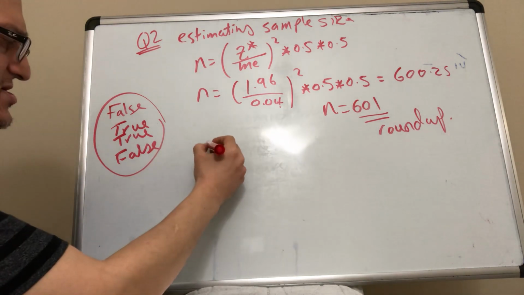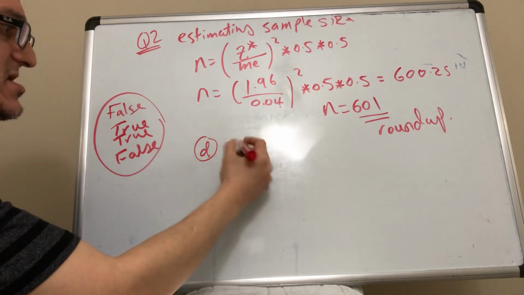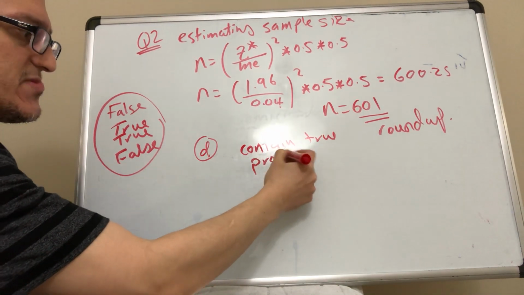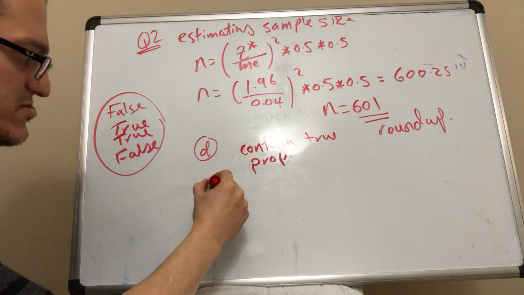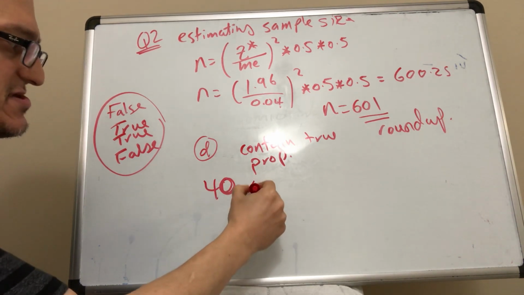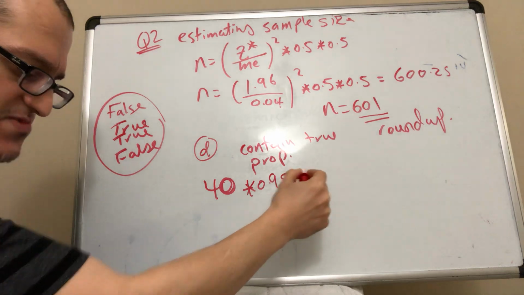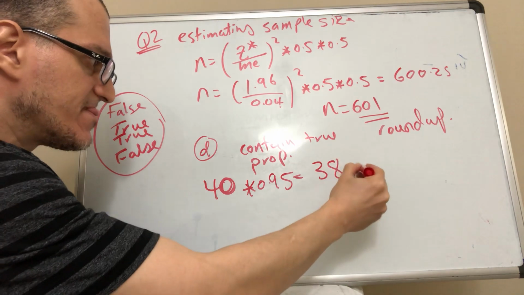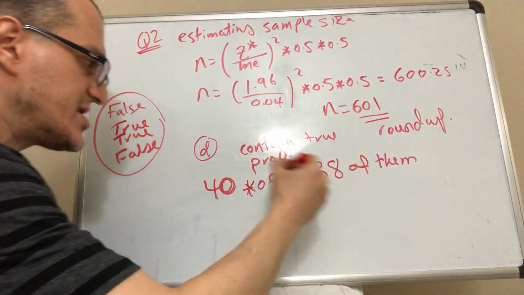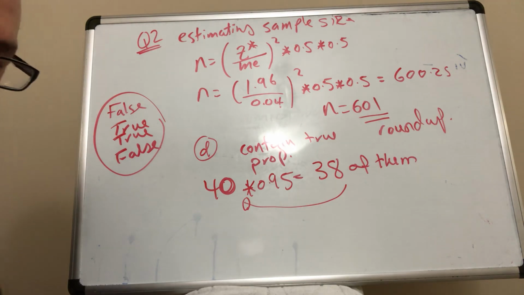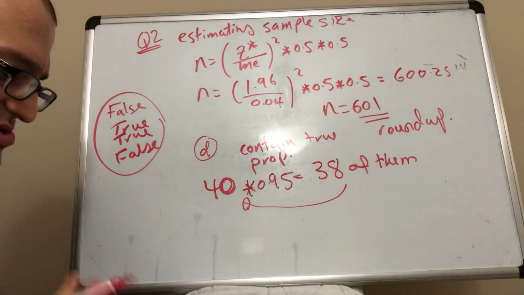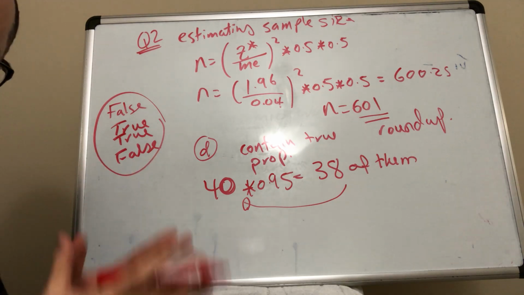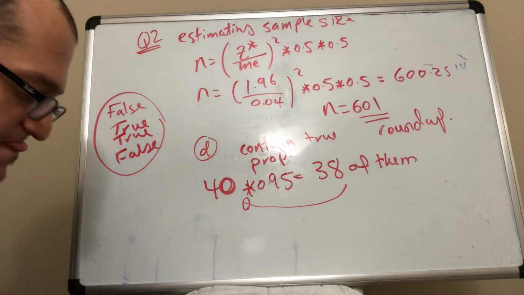When you see this question, since we're doing it at a 95% confidence interval, it would be 40 times 0.95, so 38 of them will contain the true proportion. If they tell you a sample of 100, how many do you expect to have the true proportion? Since the confidence is 95%, it would be 100 times 0.95, so 95 of them will contain it.